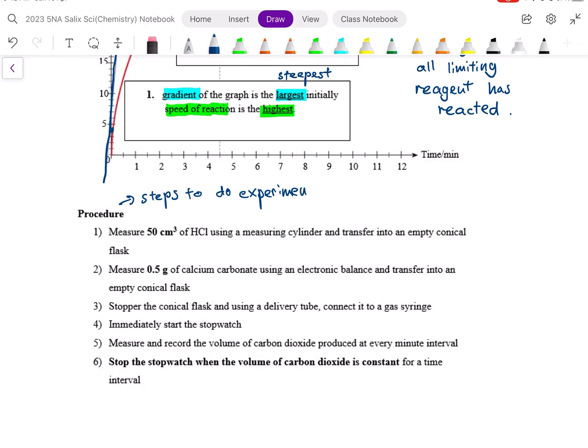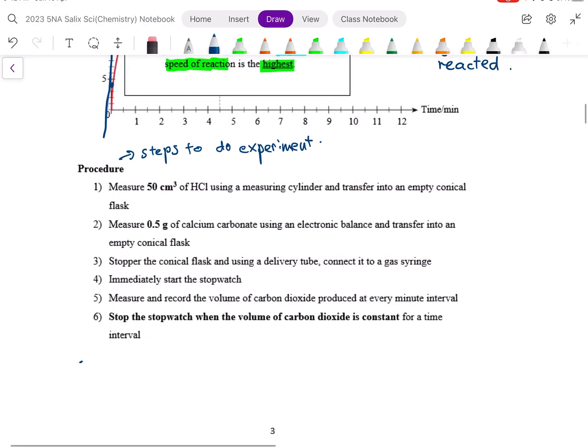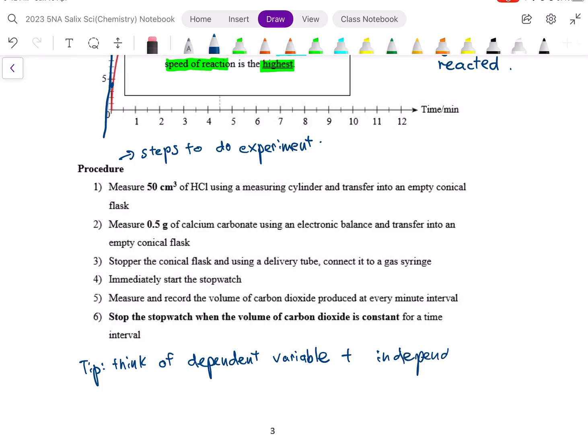This one might be a bit difficult, but the tip that I really want to share is to think of the dependent variable as well as the independent variable, the IV and DV, and how to measure them.